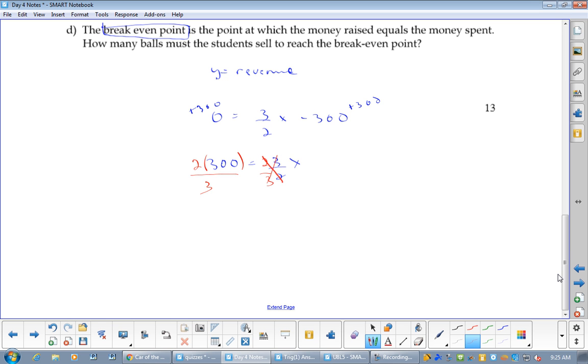So it's actually multiplying by the reciprocal. 2 times 300 divided by 3. 200 equals x. So 200 balls must be thrown to break even.